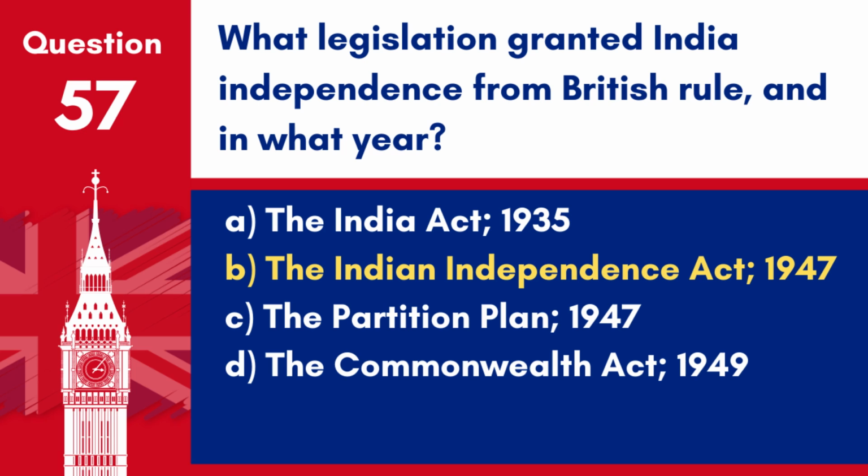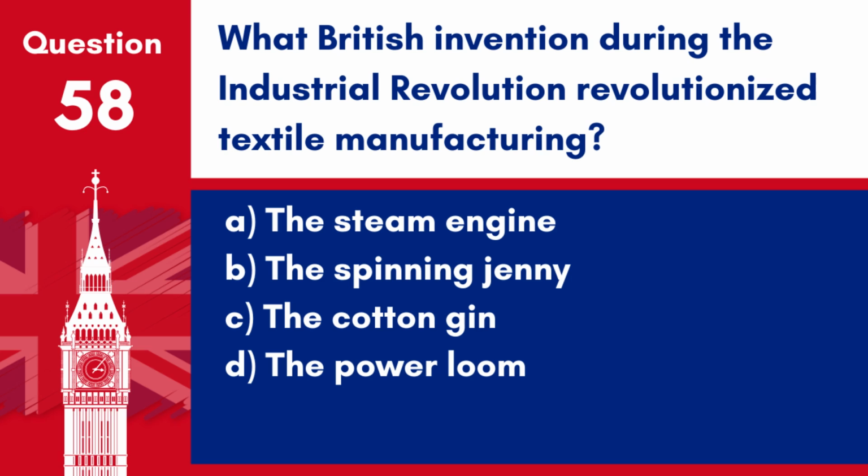B. The Indian Independence Act, 1947. This act marked the end of British rule in India and the establishment of the independent nations of India and Pakistan. Question 58. What British invention during the Industrial Revolution revolutionized textile manufacturing?